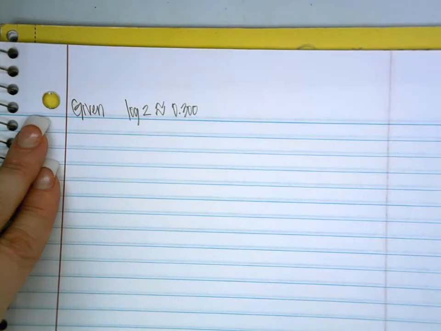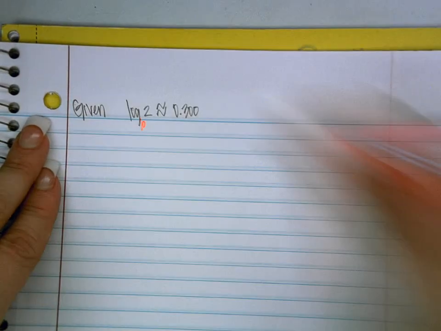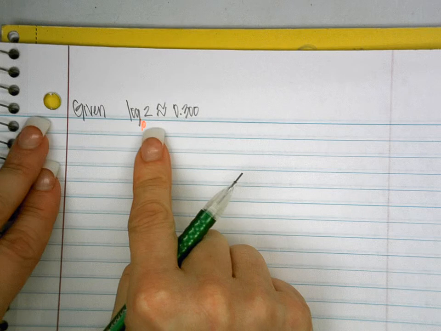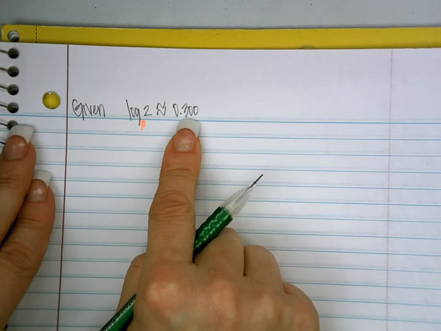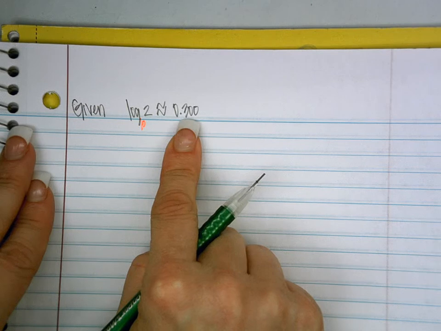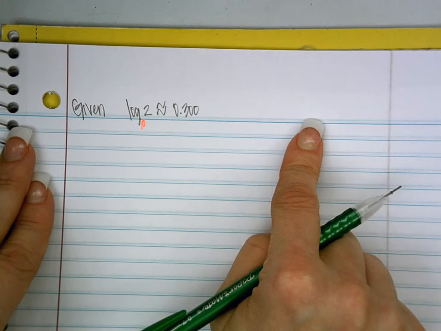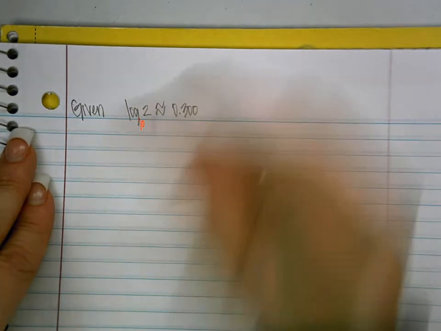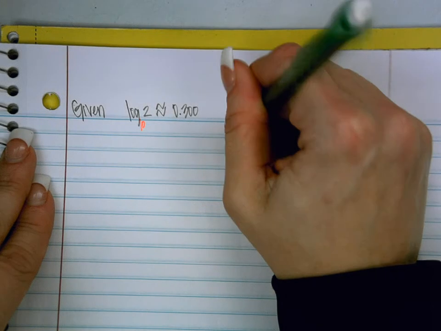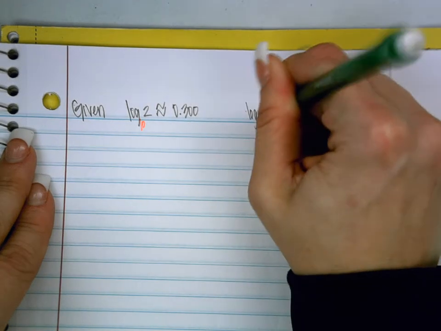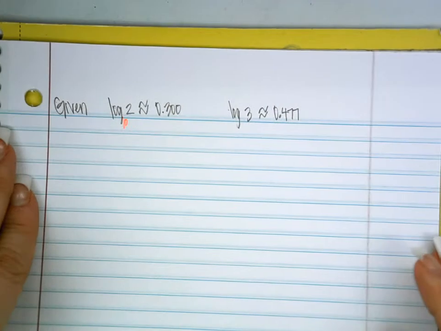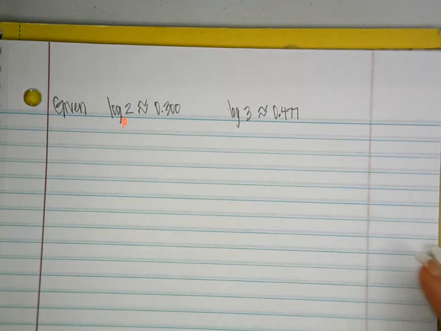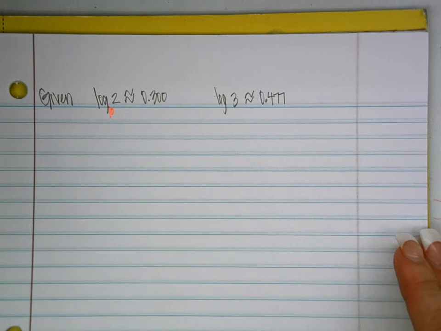Basically I'm telling you the exponent on 10, even though it's missing here, this is called the common log, the exponent on 10 that makes 2 is 0.3, about. It's not perfect because I don't want to write a million decimal places, but it's approximate. I'm also going to tell you that log of 3 is approximately 0.477.